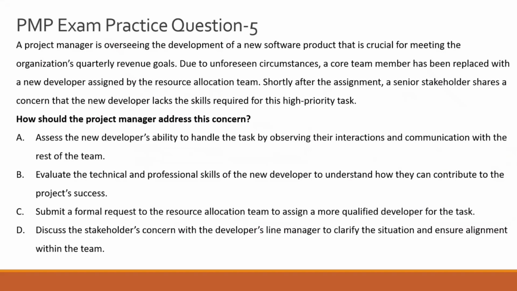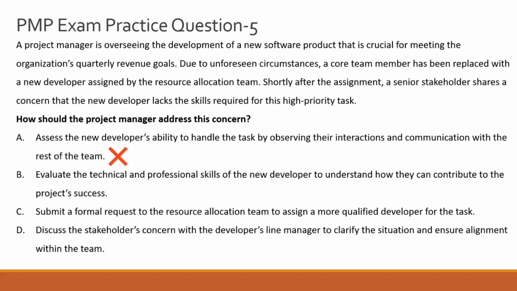However, they are secondary in this scenario, okay, as the concern raised by the stakeholder pertains specifically to the developer's technical and professional skills. Now, observing team interactions alone would not provide sufficient evidence to address whether the developer can deliver the technical results required for the project. Okay. So that is the primary reason that option A is an incorrect answer choice.